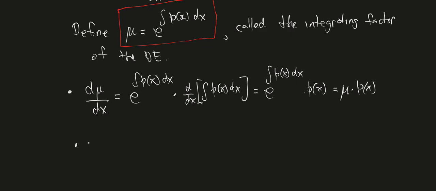The other one is, let's say we now took the derivative of the integrating factor times our unknown function y. Both of these are dependent on x: mu is a function of x because we have this p of x, and y is our dependent variable, also dependent on x. Since this is a product, I have to use my product rule.